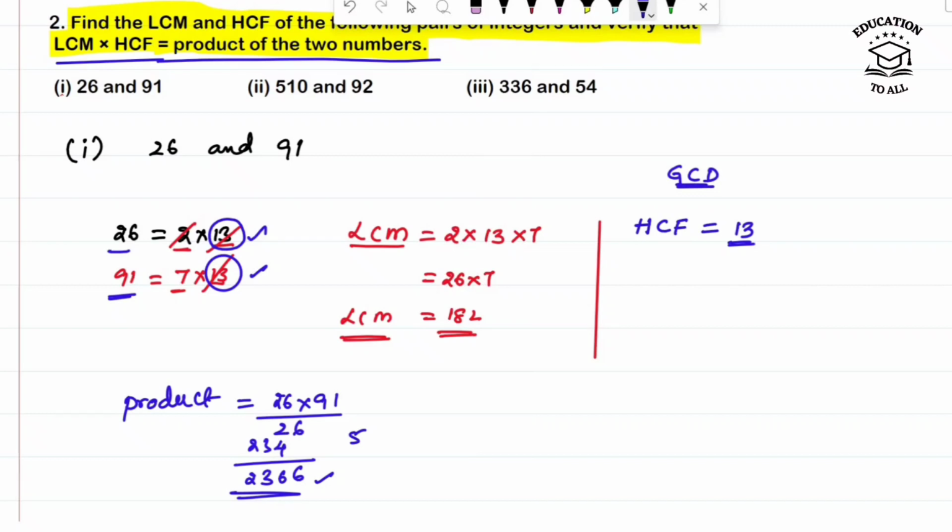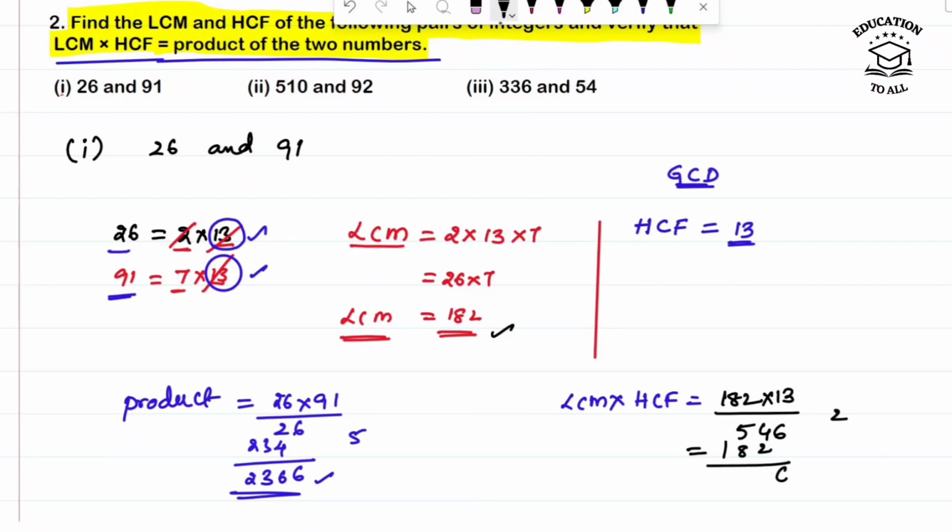And the product of LCM and HCF also. So we'll find LCM into HCF. LCM is 182, and HCF is 13. So multiply these both also. 2 threes are 6, and 3 eights are 24, 2 outside, 3 ones are 3, 3 plus 2 is 5. Next, 2 ones are 2, 2 eights are 16, and 1 one is 1.